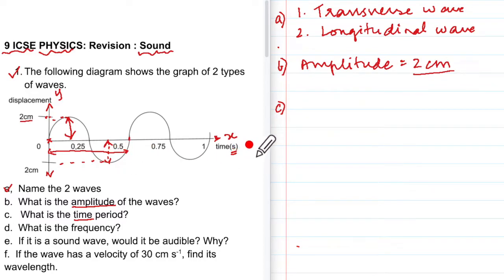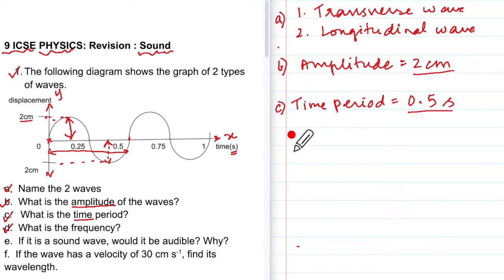Can you see this time is in seconds? So our time period is 0.5 seconds. Make sure that you write 5 and S, which look different. Don't write your 5 like this and S like this. Okay, so we finished our B, C, now we come to D.